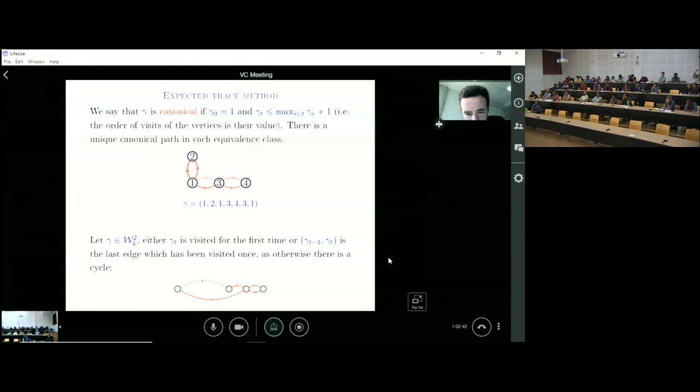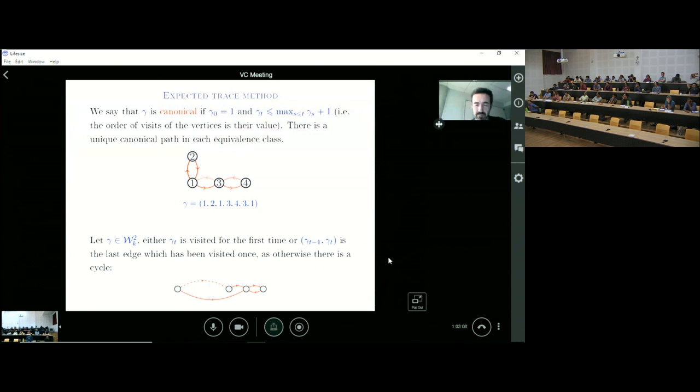So there is a picture of that. For example, in my example, when I am at 3, either I could visit a new vertex, or I had to go back to 1.